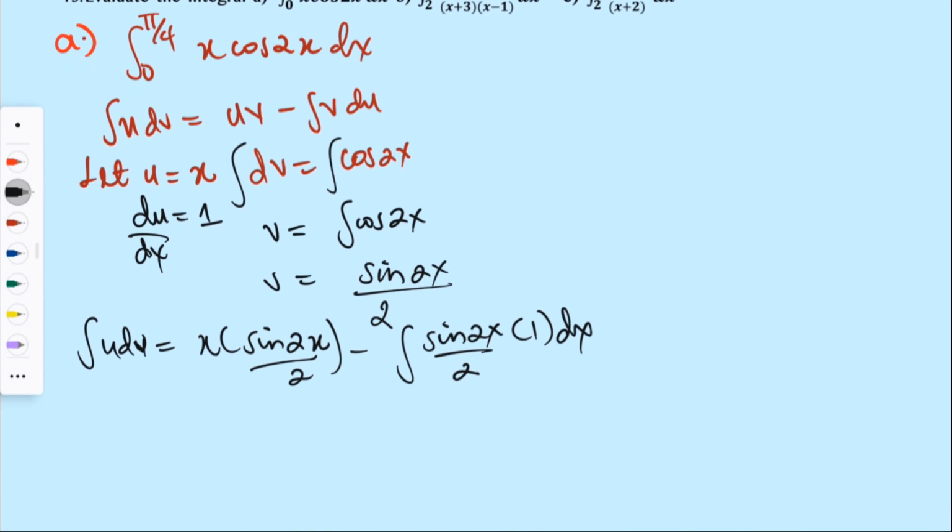Keep in mind. Okay, so we need to integrate sine of 2x.